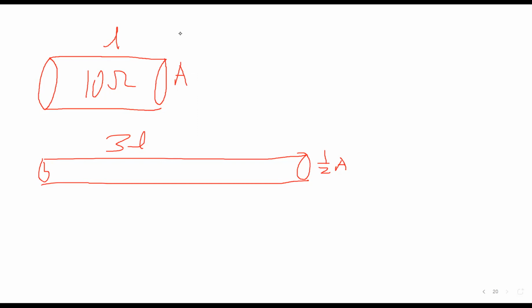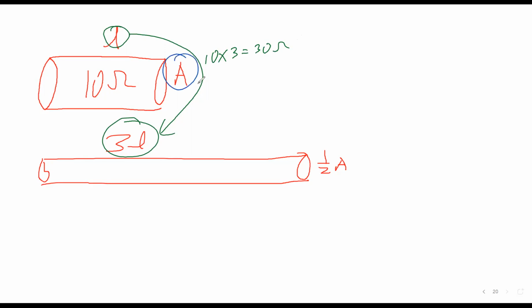You check the length first. Compare this with this. If you triple the length, what's the relationship with resistance? Directly proportional, right? Just the length itself, the 10 ohm multiplied by 3 becomes 30 ohm. But when we compare the area, the relationship is inversely.